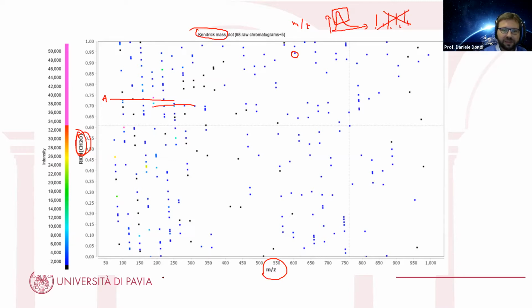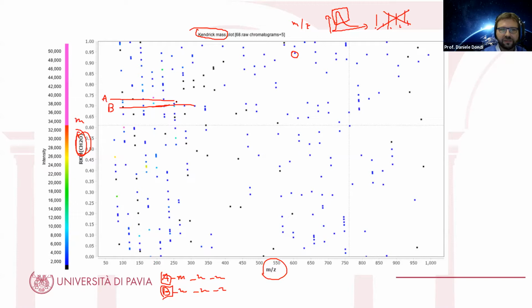Because for one polymer, imagine you start with the initiator A or the initiator B, and then you attach monomers. So if you make this plot, you will see A here, B maybe in this part, and the first point is the starting m/z ratio of your starting monomer.